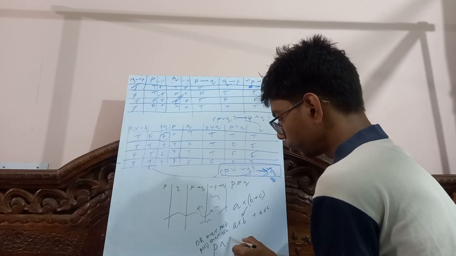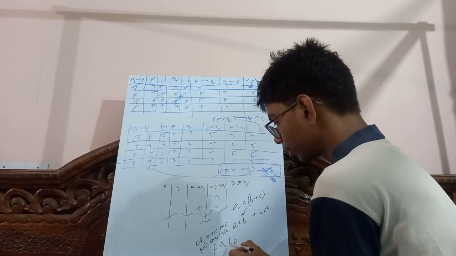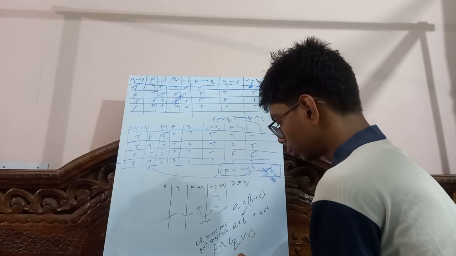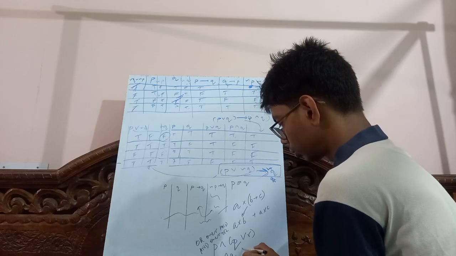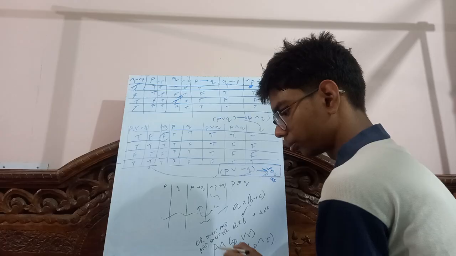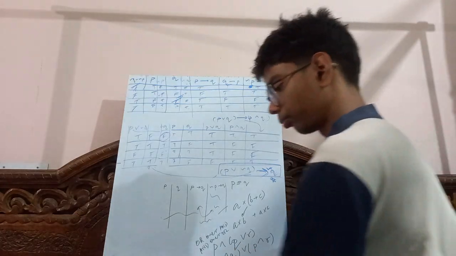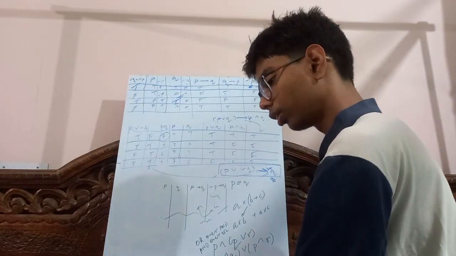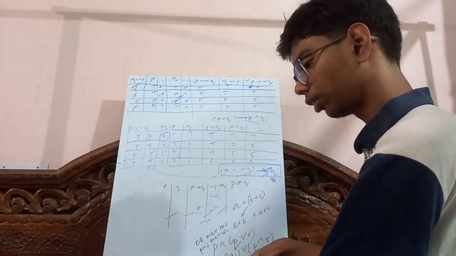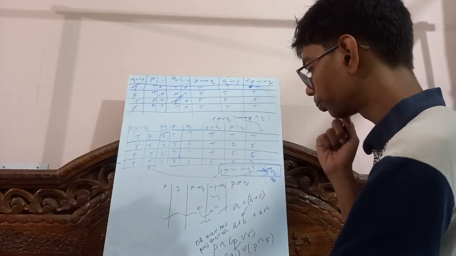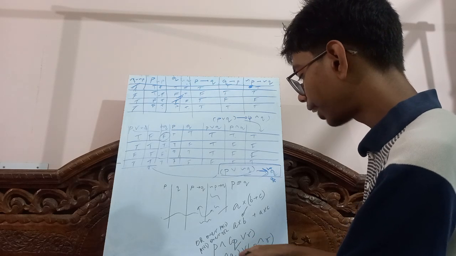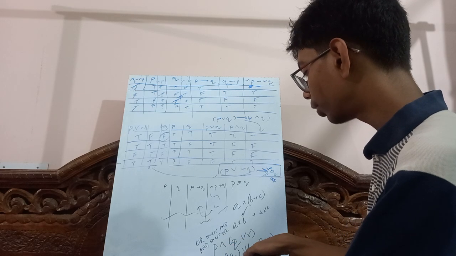So this can be written as P or P and Q or R. It can be distributed as and over or.